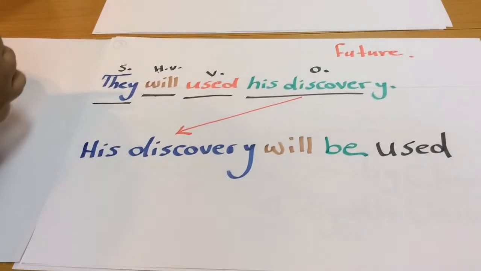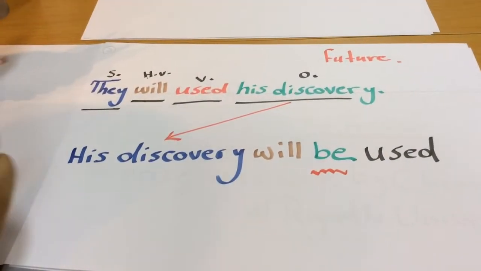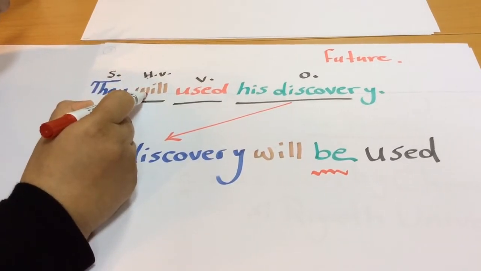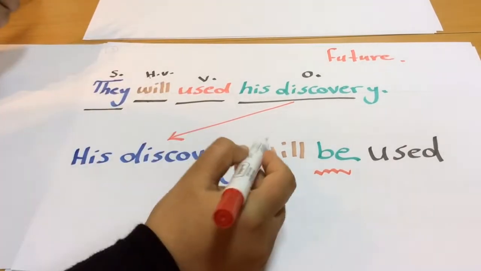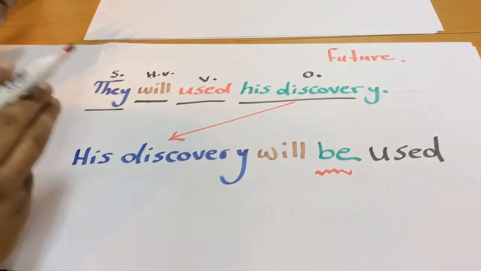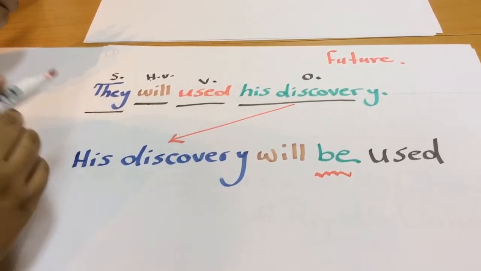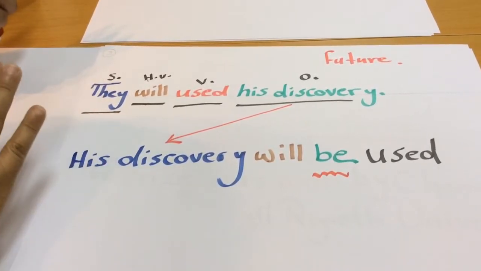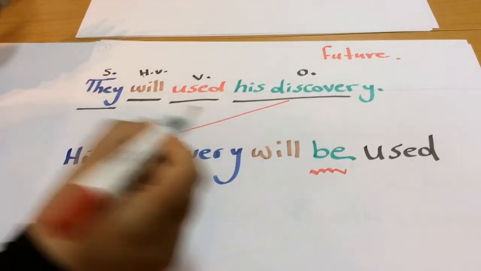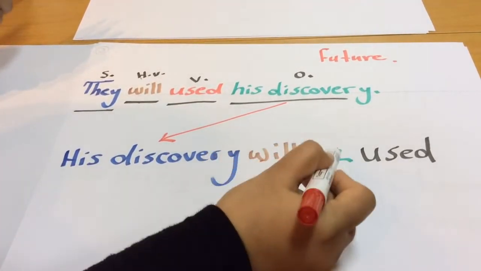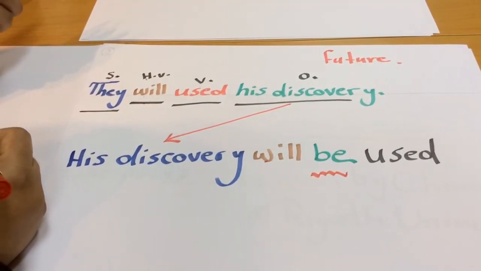You will ask, why did we write be in this sentence? Because we have already here the helping verb will. In Unit 2, we talked about modal verbs: will, would, ought to, shall, should, may, might, must. All of these modal verbs, we said if we have a modal verb, the other verb should be infinitive.